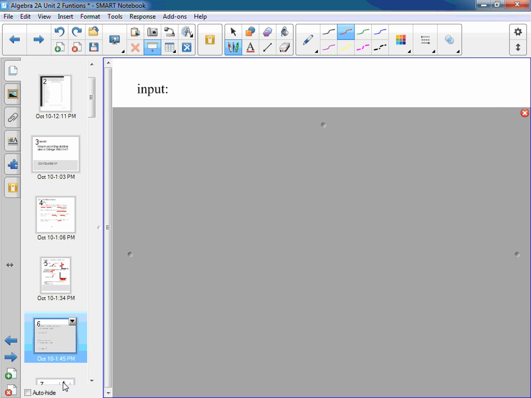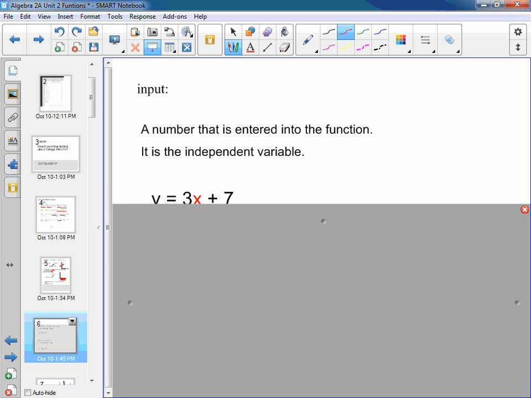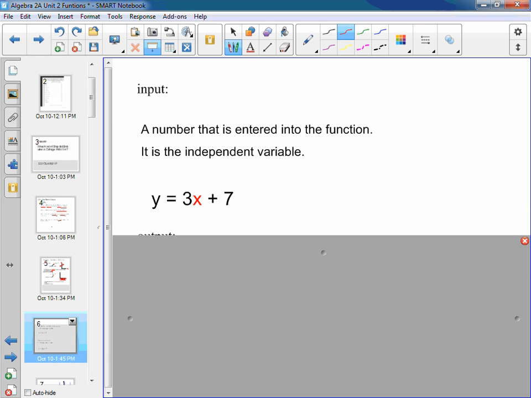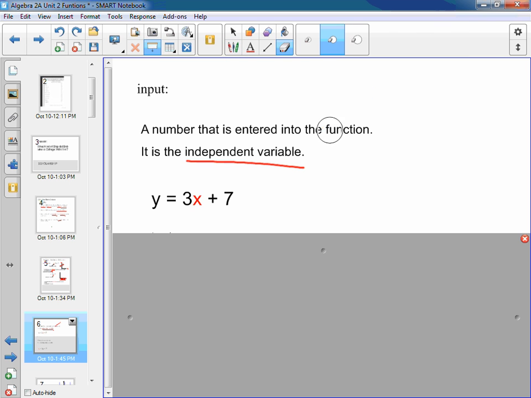The next term is called the input, and as you heard me using that, the input is basically the same as your independent variable. It's a number that is entered into the function. It's the input, or the x value. That's why I have that in red.